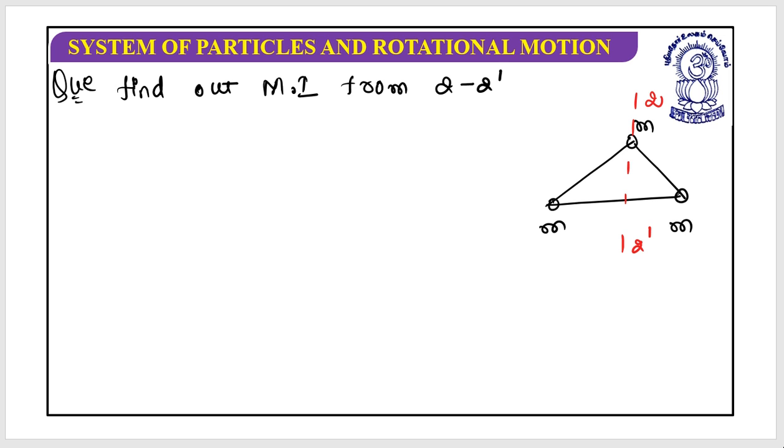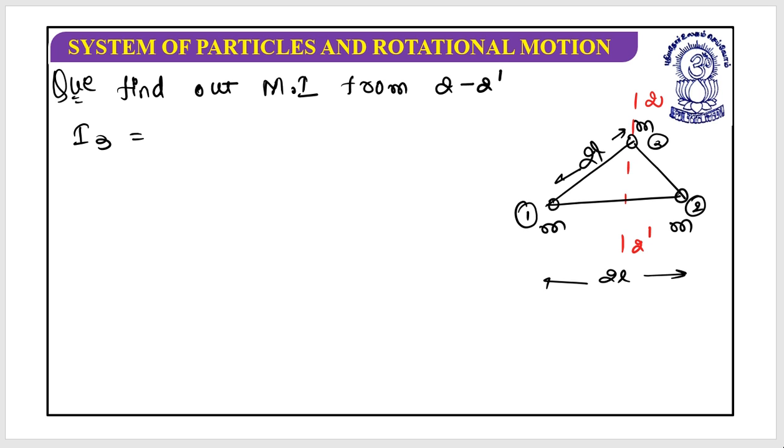This is the rotational axis. This was just an extension of the previous question, so the dimensions would be the same: 2L, 2L, 2L. This was considered as the first, this as the second, and this as the third.